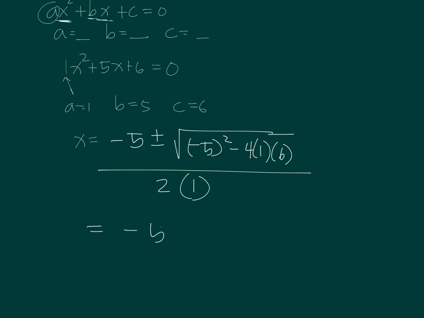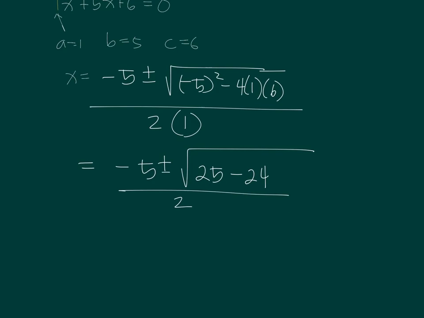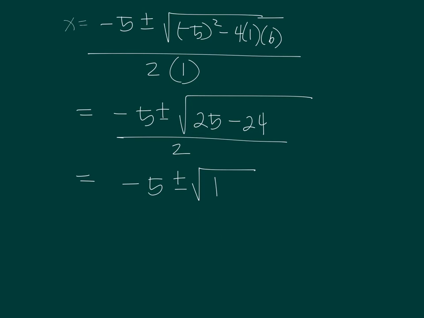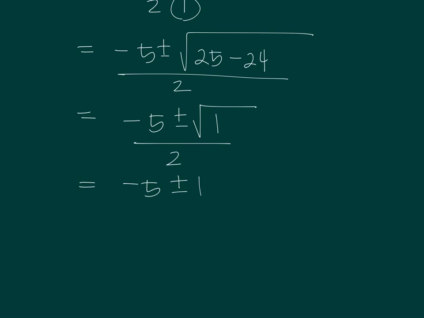This is negative 5 plus or minus the square root of 25 minus 24, divided by 2 times 1. 25 minus 24 is 1, so negative 5 plus or minus the square root of 1, which is 1, divided by 2.